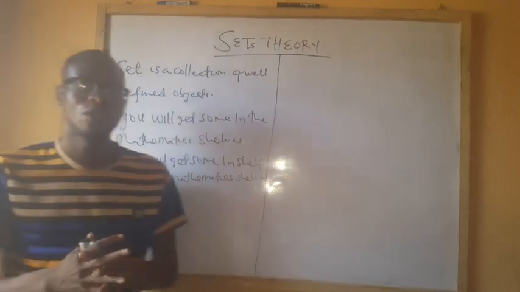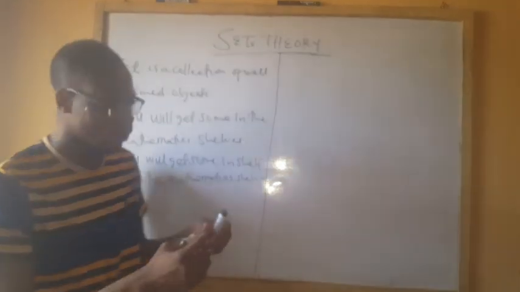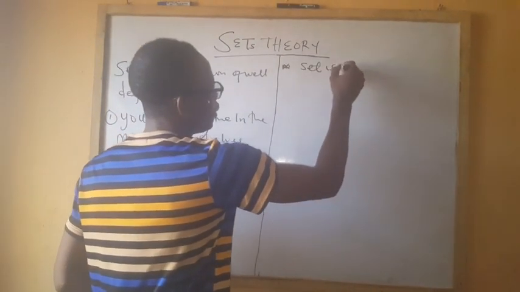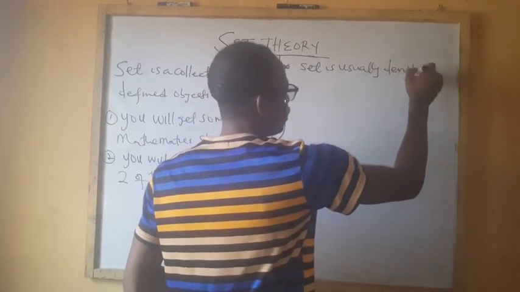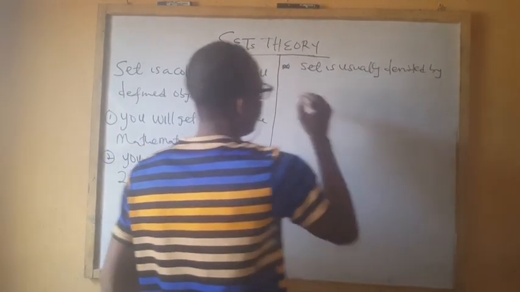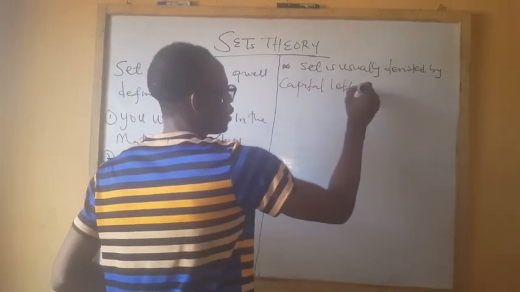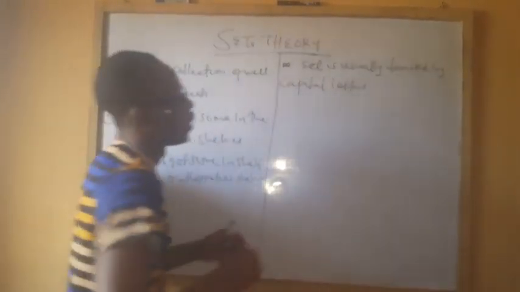So the next thing for us to learn now is how to denote a set. How do we denote a set? Now, a set is usually denoted by capital letters. Are we together? Why?